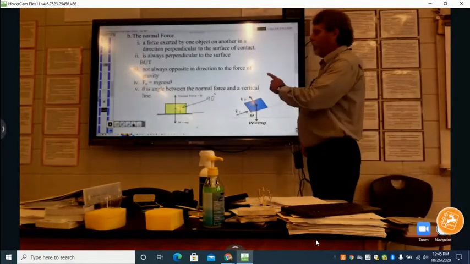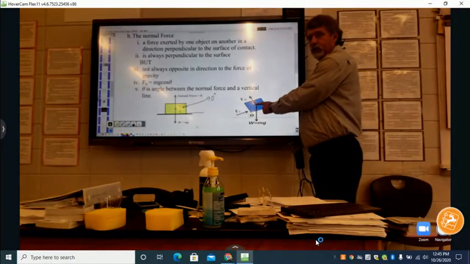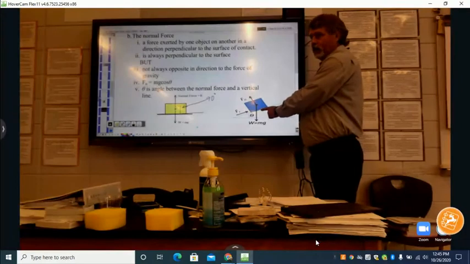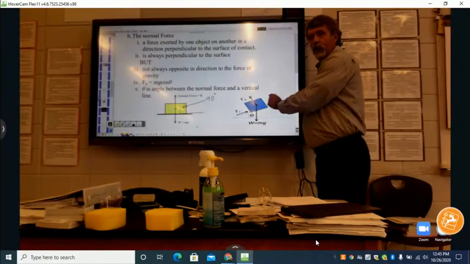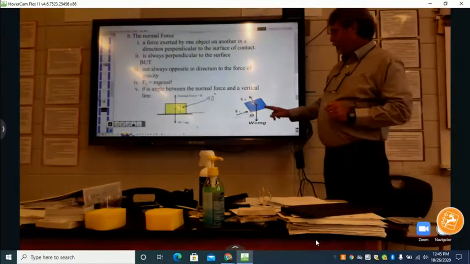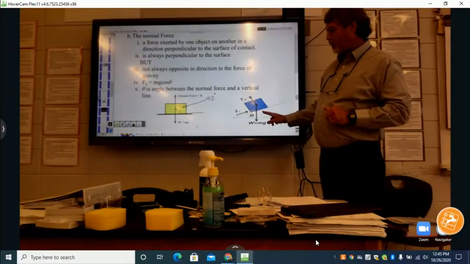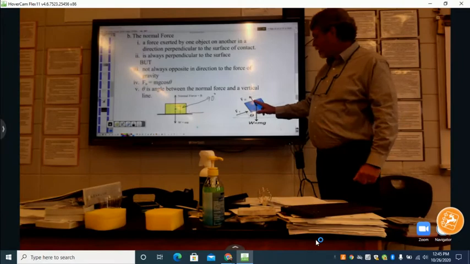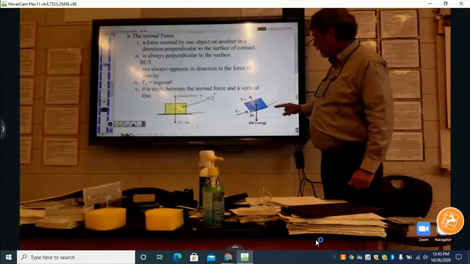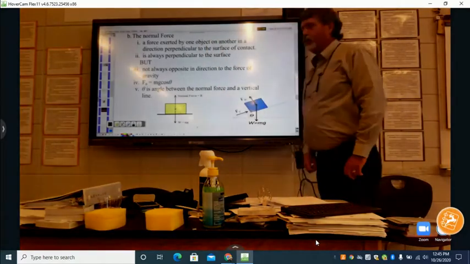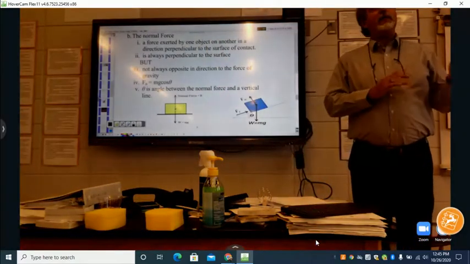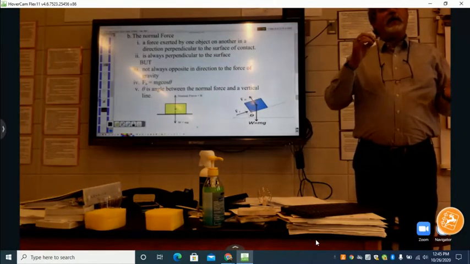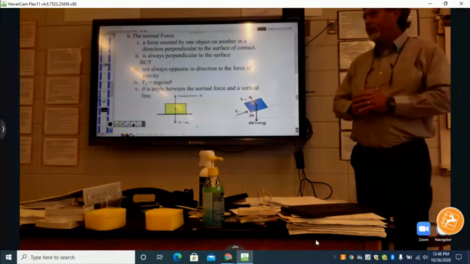So when we come over here and we look at this box that's on an angle, we see that the force normal is no longer opposite the weight. The force normal is now at an angle, but it's still 90 degrees to the surface. Okay? Force normal is a force opposite gravity that is always 90 degrees to the surface.